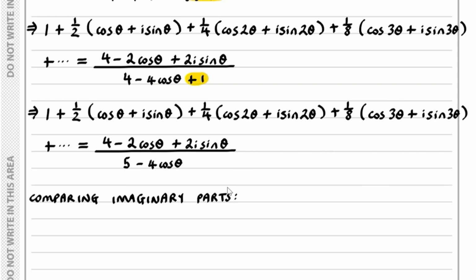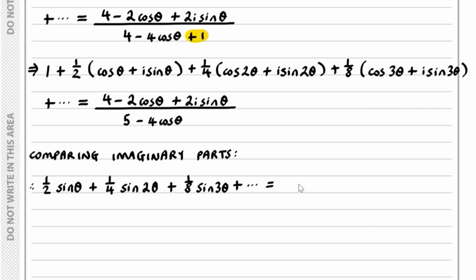So comparing the imaginary parts, what we have here is a half sin theta plus a quarter sin 2 theta plus an eighth sin 3 theta, and then we could continue, and on the right hand side we've got 2 sin theta over 5 minus 4 cos theta. And that's exactly what we wanted to show.